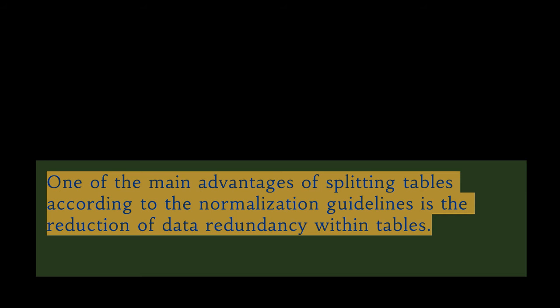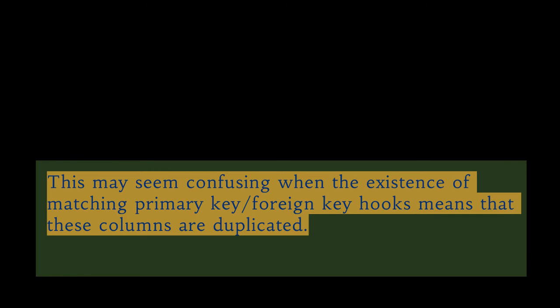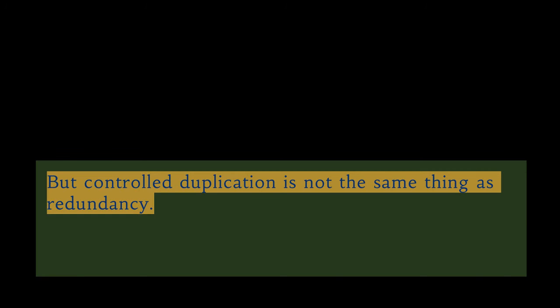One of the main advantages of splitting tables according to the normalization guidelines is the reduction of data redundancy within tables. This may seem confusing when the existence of matching primary key, foreign key hooks means that these columns are duplicated. But controlled duplication is not the same thing as redundancy.